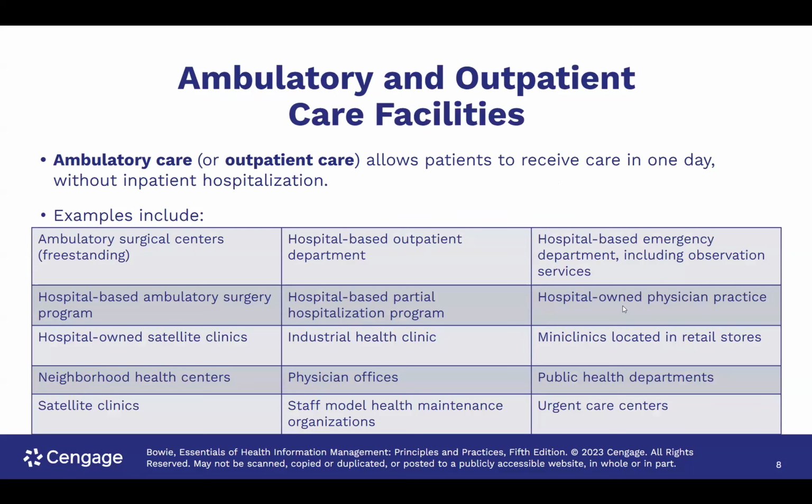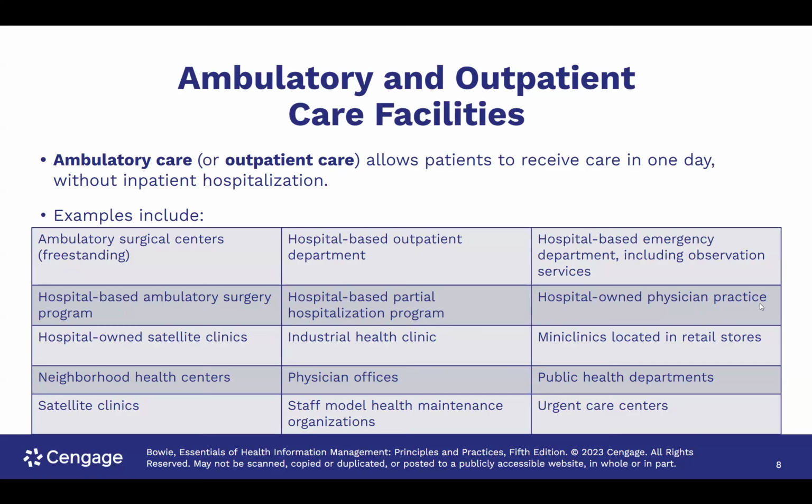Here's a text from your book that talks about some of these different ambulatory care or outpatient care places. And some of these you're probably familiar with: ambulatory surgical care, hospital-based outpatient care, observation, hospital-owned physician practices.